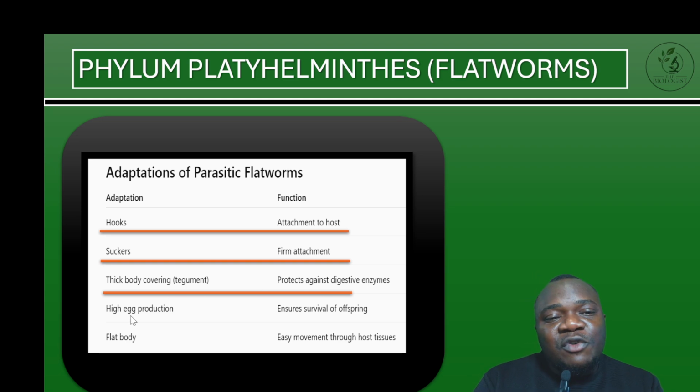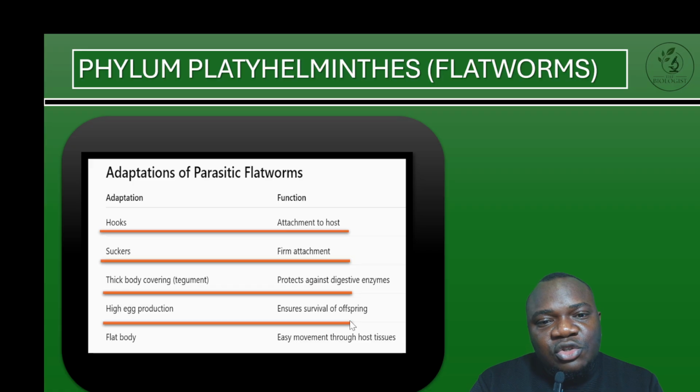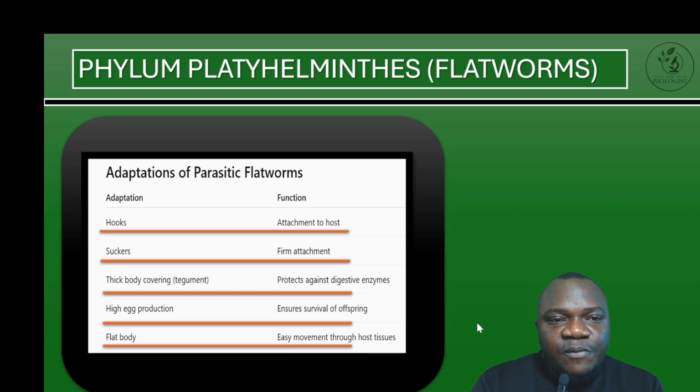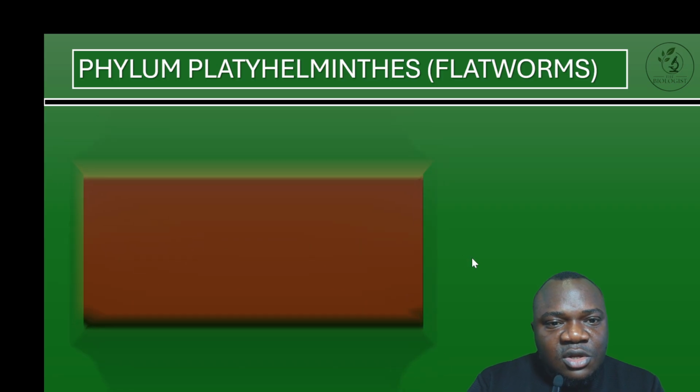They have a high level of egg production that ensures survival of offspring, and they have a flat body. That's why they're called flatworms, which allows ease of movement through host tissues. So this is just an adaptation of parasites and how they cause harm to the host organisms.